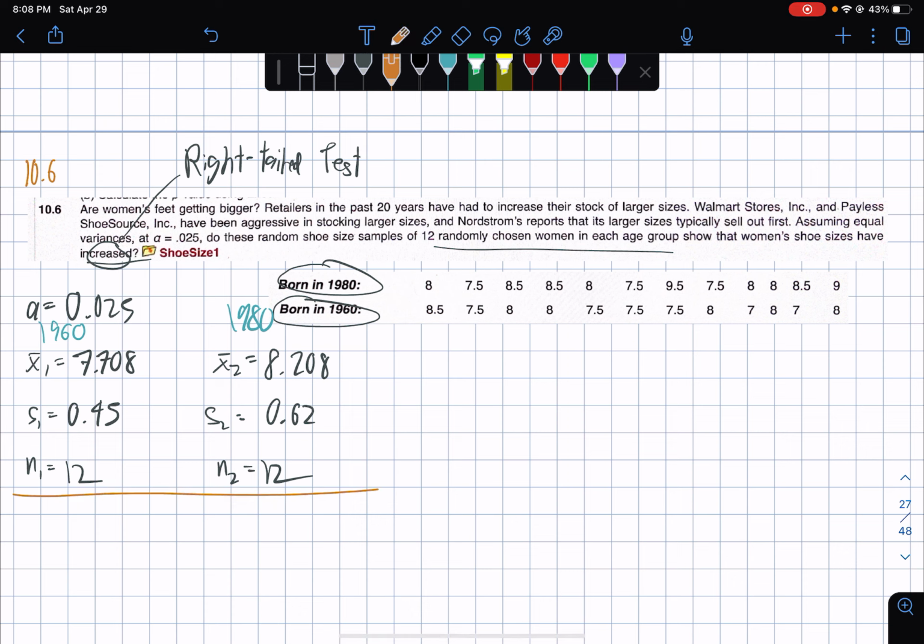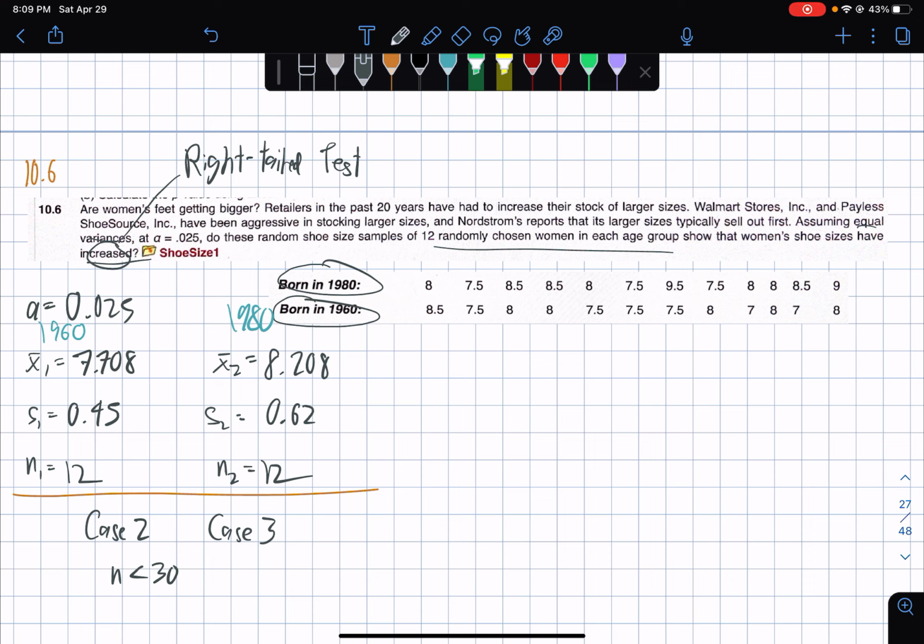So we've found the data that we need. Assuming equal variances, I don't think that's even any help to our situation. But anyways, this is not case 1. This is case 2 or case 3, since n1 and n2 are both less than 30. And 0.45, 0.62, how do we know if they're significantly distinct from each other?